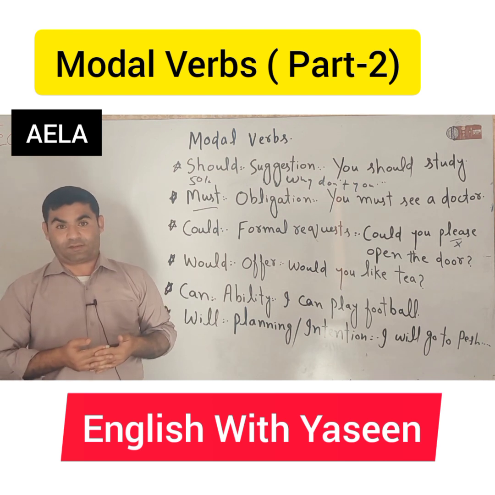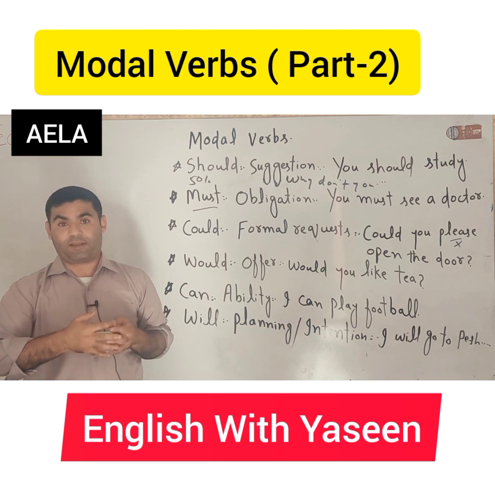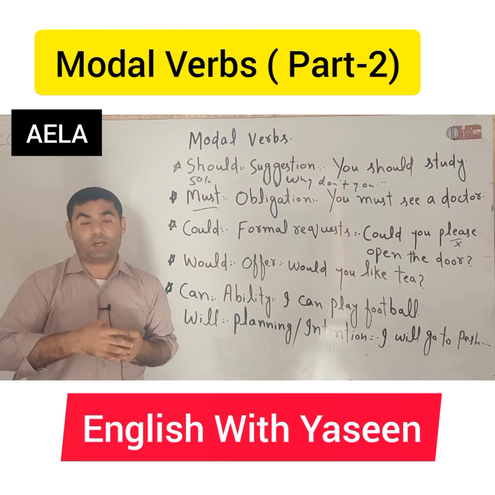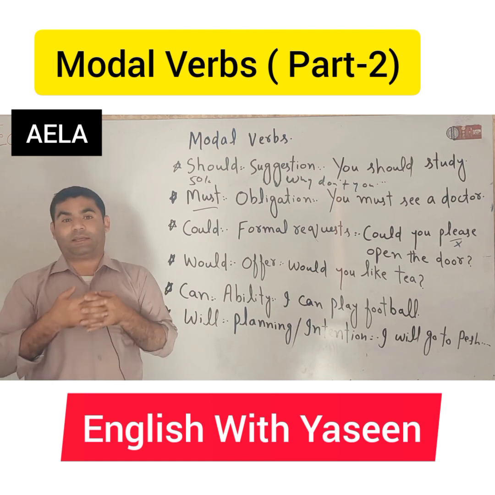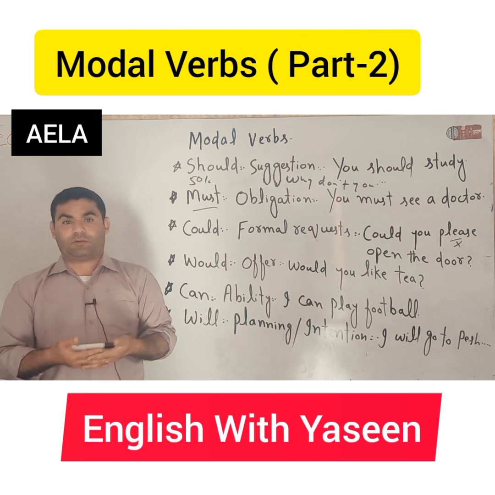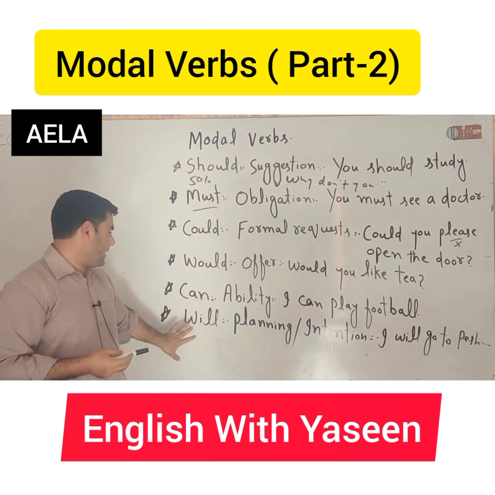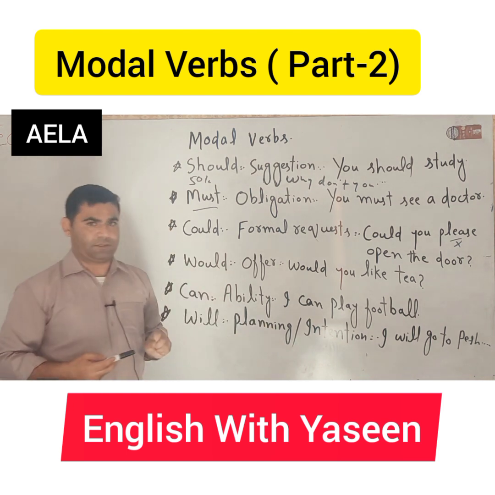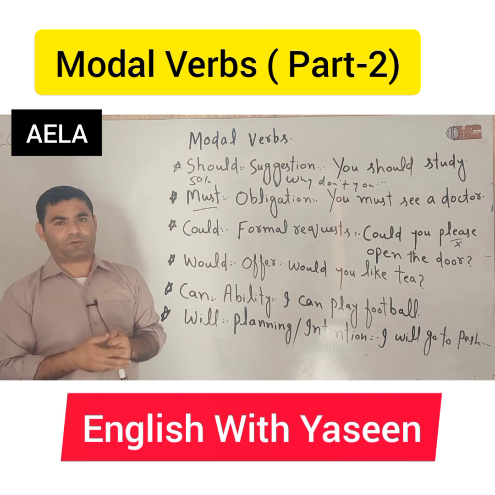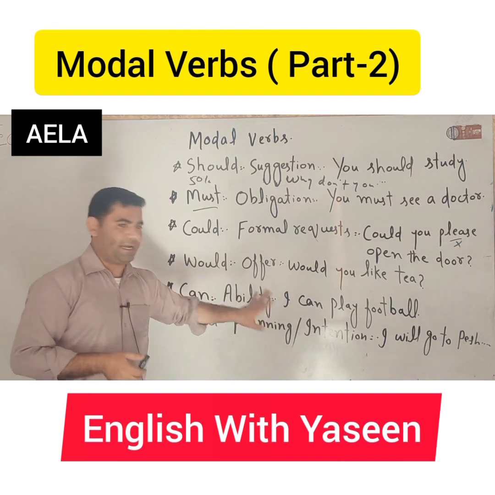If it rains, or if the roads are not open for traffic, or if I get sick, or God forbid I have an accident, then I can't go to Peshawar. So it's only my planning and intention, right? I told you that we don't know what the future holds. So will is used for planning and intention.